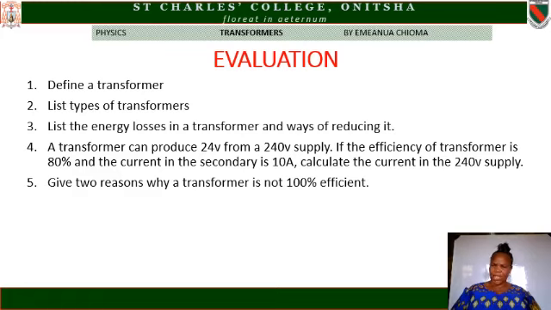If the efficiency of the transformer is 80% and the current in the secondary is 10A, calculate the current in the 240V supply. Number 5, give 2 reasons why a transformer is not 100% efficient.